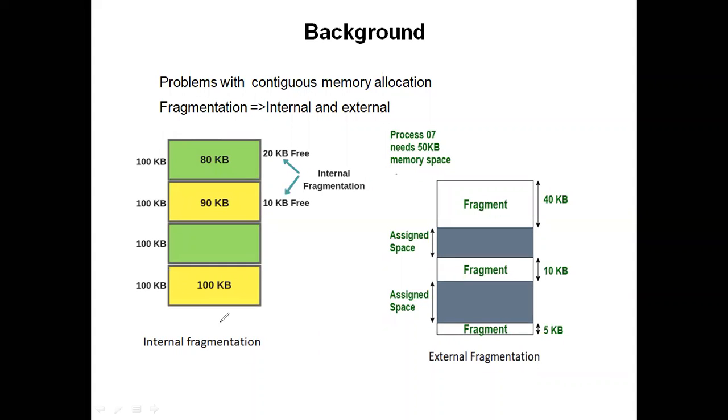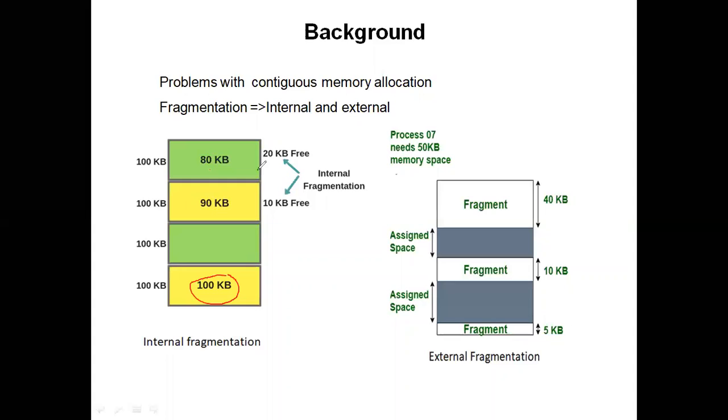Suppose this is the memory, and the memory is having these blocks, one block of 100 kb, another block of 100 kb, all the blocks they are of 100 kbs, and the processes which are allocated, the first process P1 is allocated to 100 kb block and it is of 80 kb size, the second allocated process is of 90 kb size, and the third allocated process is of 100 kb size.